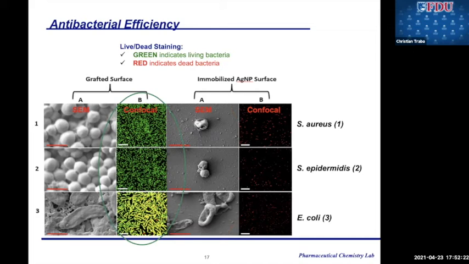Confocal microscopy images and the live dead staining kit were used to further evaluate the antibacterial activity of our surfaces. The Cyto 9 dye of the live dead staining kit is a nucleic probe with green fluorescent color and is permeable to healthy cell membranes.